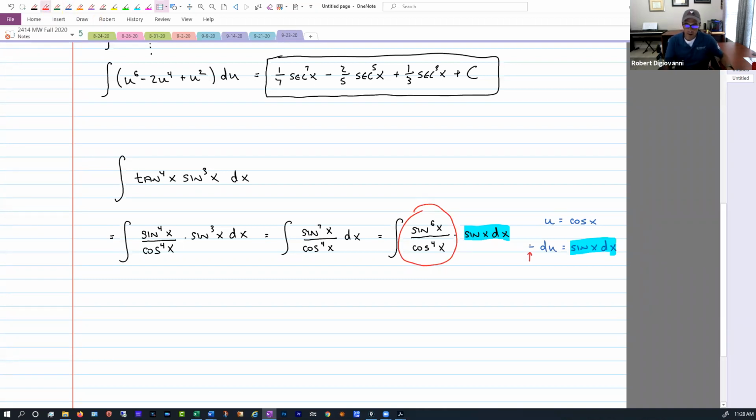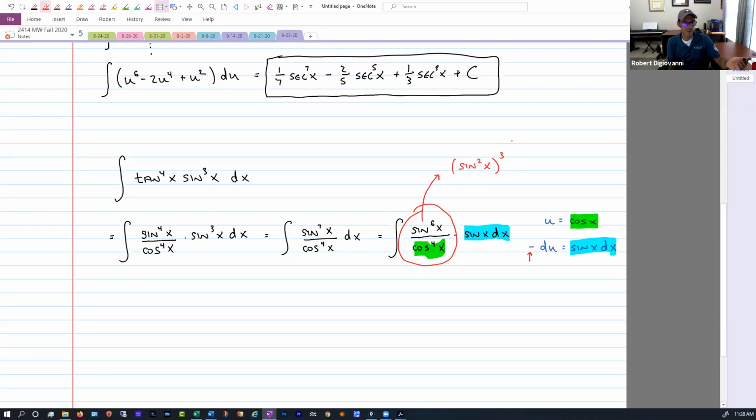Okay, so I know that my du, sine x dx, is taken care of. I just need everything else in terms of cosine. The denominator already is cosine, right? So I just need to turn the numerator into cosines, if I can. I think Christian asked this question. Was it you, Christian? Yeah. Okay, so we got lucky here because sine to the 6th, we can rewrite as sine squared cubed, right?